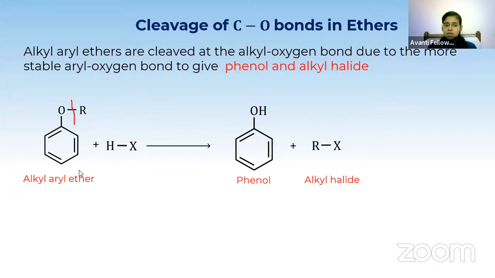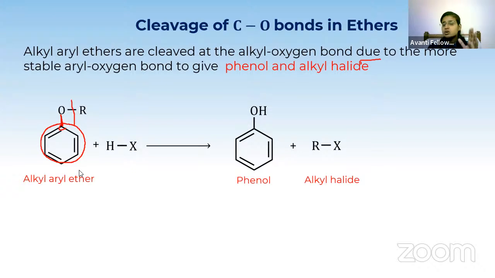This particular carbon-oxygen bond will not be broken down. It is due to the more stable aryl oxygen bond. Aryl means the aromatic part, so this aryl oxygen bond is more stable.